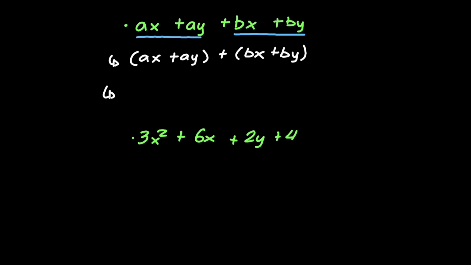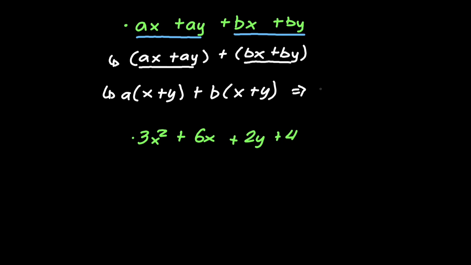And now find the factor of ax plus ay, which would be a multiplied by x plus y, plus find the factor of bx plus by, which would be b multiplied by x plus y. And now the final answer would be a plus b, multiplied by x plus y.